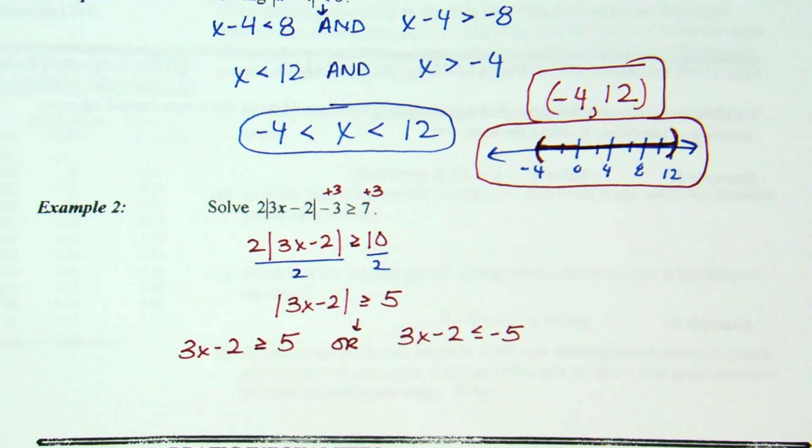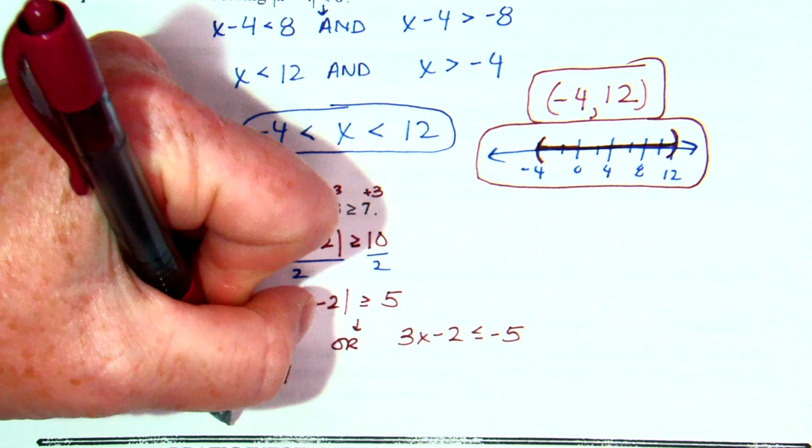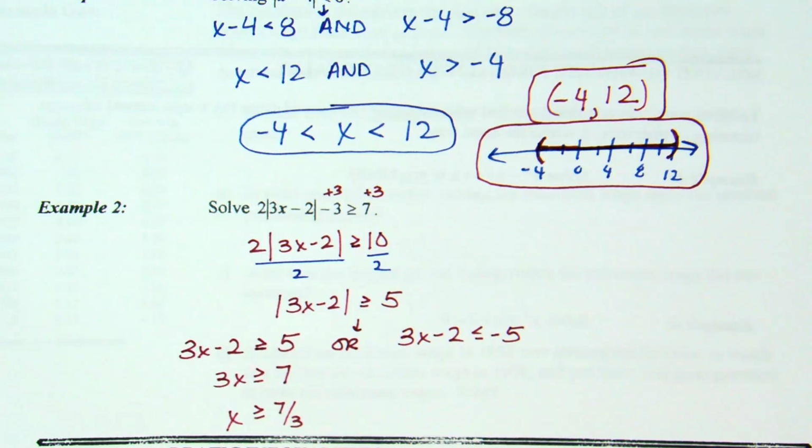We changed 2 things: the inequality and the negative sign. Solve these, right? If it's 3x minus 2, I'm going to add 2. 3x greater than or equal to 7. I'm going to divide by 3. x greater than or equal to 7/3.